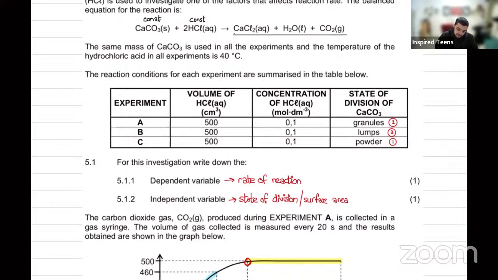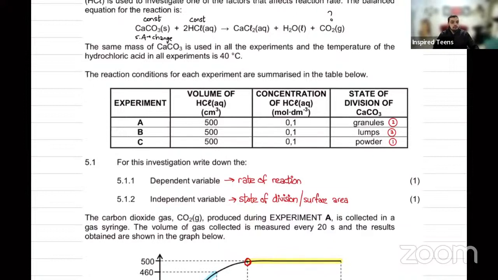And they're asking how the amount of CO2 produced is affected. So the only thing that's changing is the surface area of CaCO3. The surface area does not affect the amount of yield. It basically just affects the rate of the reaction.